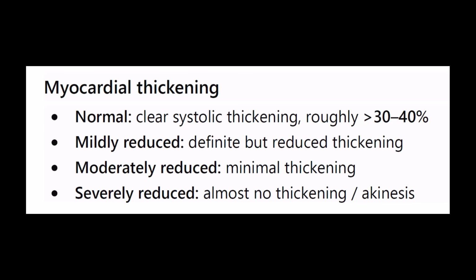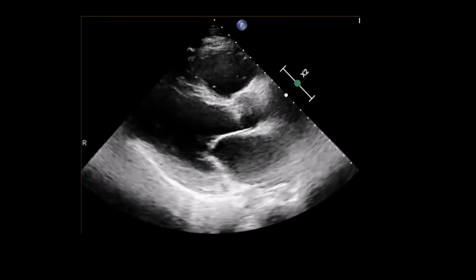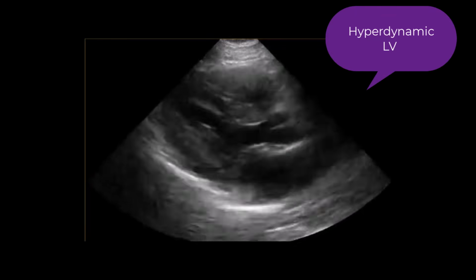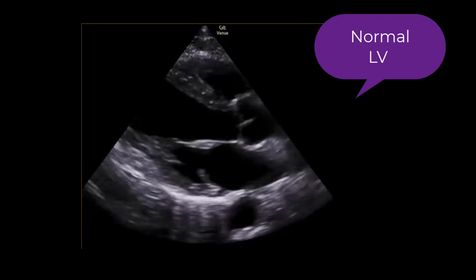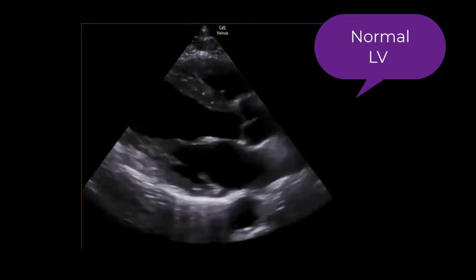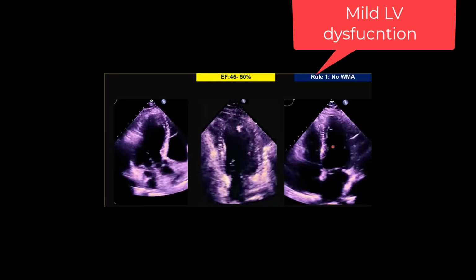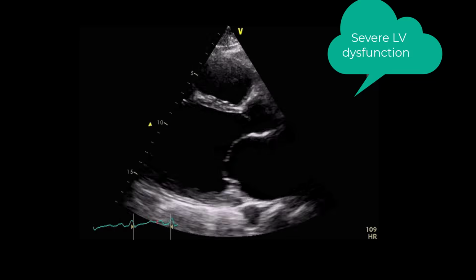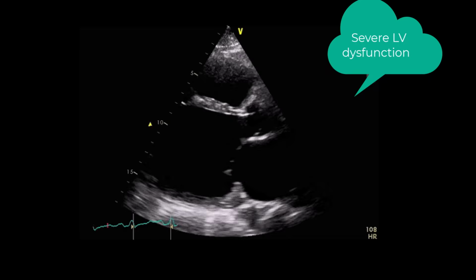Mildly reduced is definite but reduced thickening. Moderately reduced is minimal thickening, and severely reduced is almost no thickening or akinesis. Other supporting measures that we use are detection of regional hypokinesis or wall motion abnormalities or akinesis or dyskinesis. All of these things give you an impression about the LV ejection fraction or systolic function.